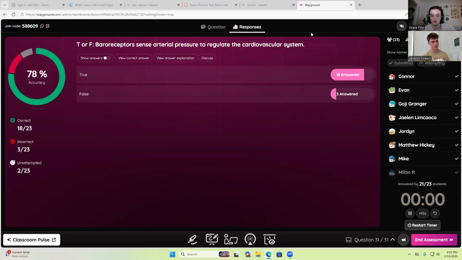And one thing that, if we had more time, I would go into a little more depth on is making sure you understand the baroreceptor reflex, why it's done, and what the steps of it are. That's at the end of the chapter 25, part 2 notes. But yeah, good job. I think that was the last one. Yes, that was the last one.